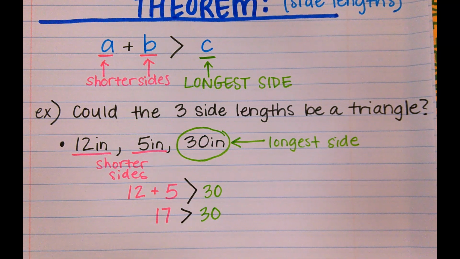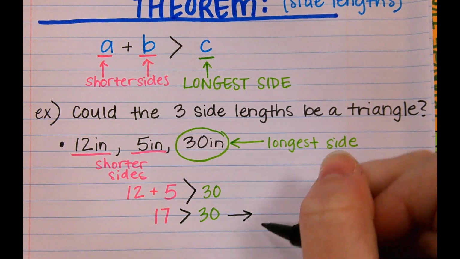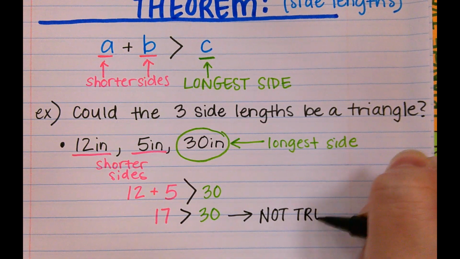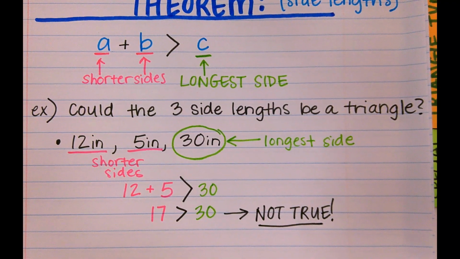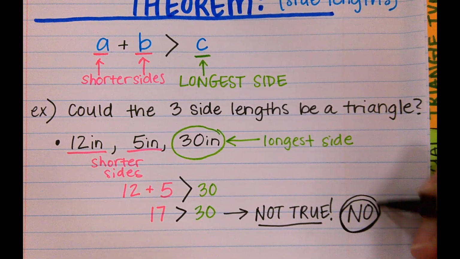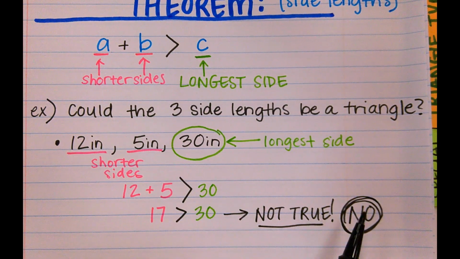No. So your answer is no. These could not make a triangle because they have to be bigger. So because this is not true, the answer is no. This is how you could show your work. Your answer is no.